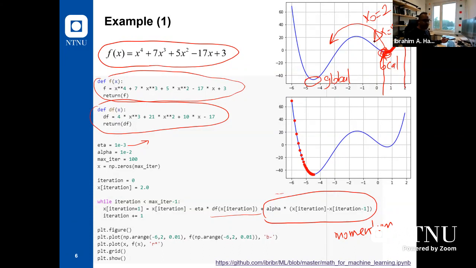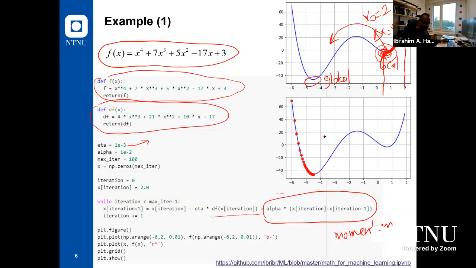Anyway, when you start at x0 equal 2, you will reach this global minimum and you will stay here. Why will we stay here? Because delta x at that point is equal to 0. So there are no more updates. If you keep running your program for more iterations, you will get nothing, because each time x equals x plus delta x, but delta x equals 0. So we will stay here.